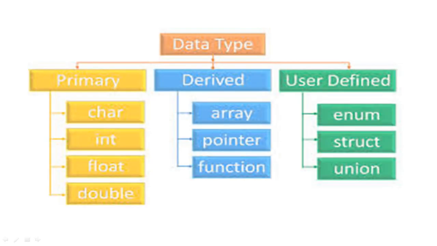See here, these are the primary, derived, and user defined data types. The primary data types are called basic data types.